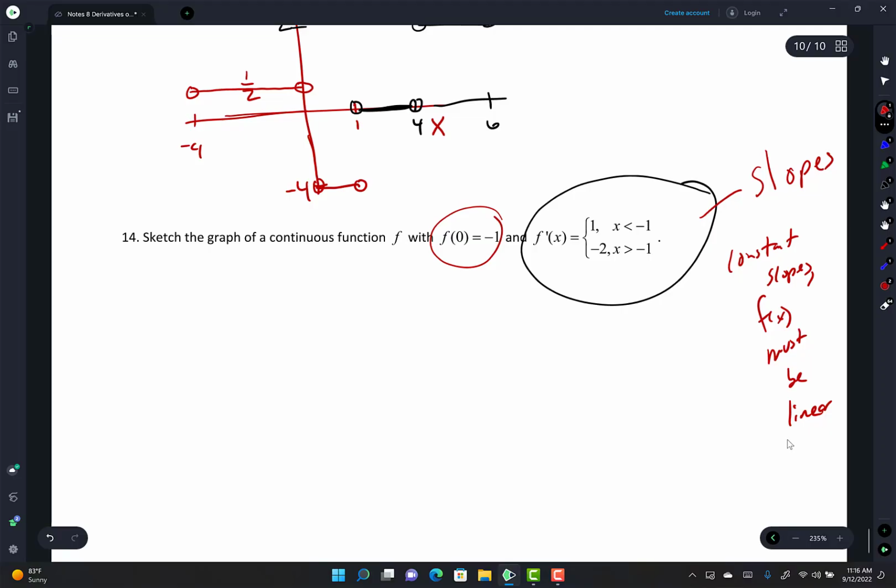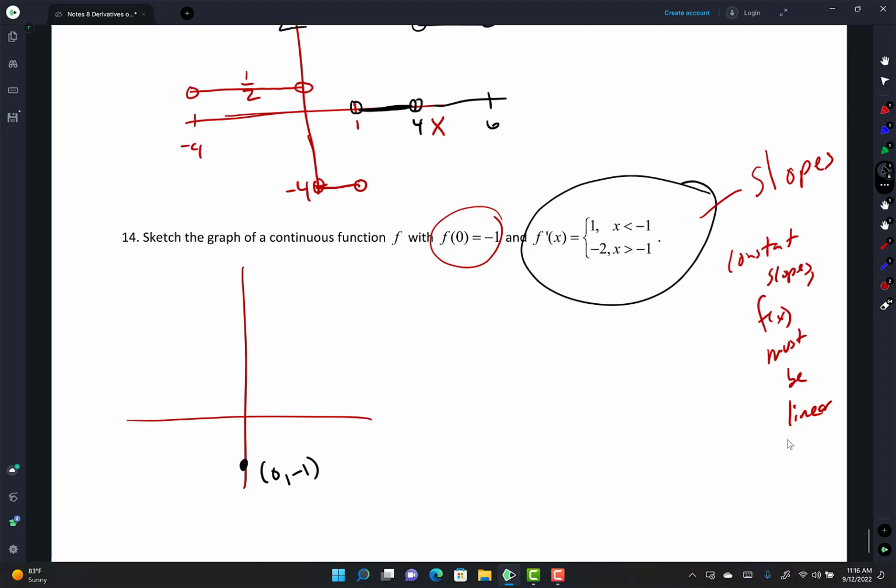Start with that coordinate. Don't worry, we're done, guys. Here's the last one. The point 0, negative 1. Here is negative 1.